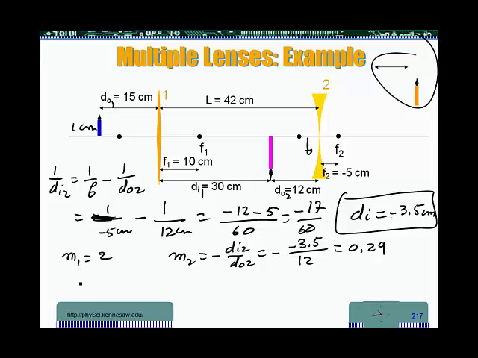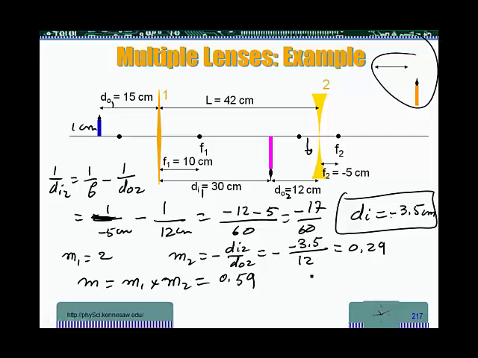So my overall magnification, M1 times M2, so 0.29 times 2, comes out to about 0.6, or 0.59.